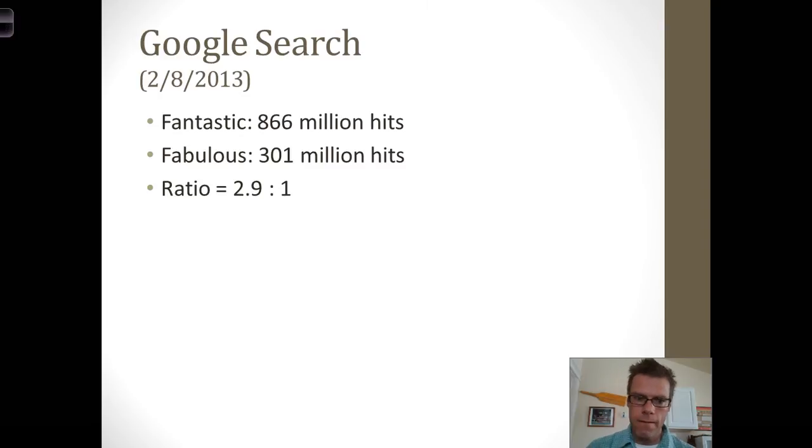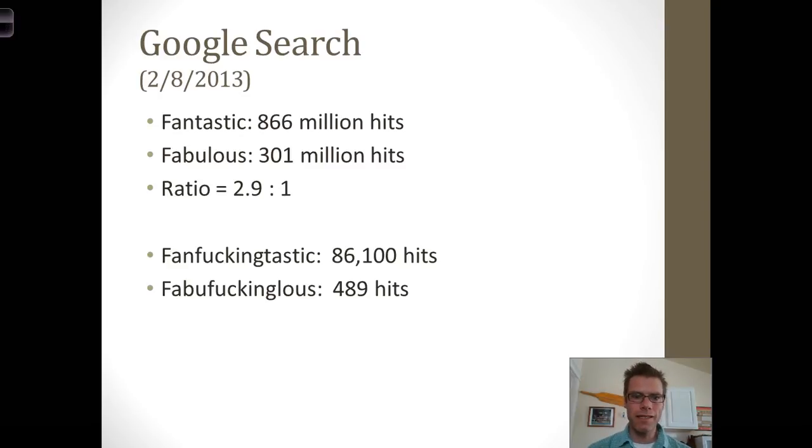Now, the next thing is to do a search on fan-fucking-tastic, which, as I've said, sounds really good. 86,100 hits. Significantly smaller than the number of times that fantastic is used, but that's a pretty good hit. Whereas if you do fabufuckingless, you only get 489 hits, which is far fewer.